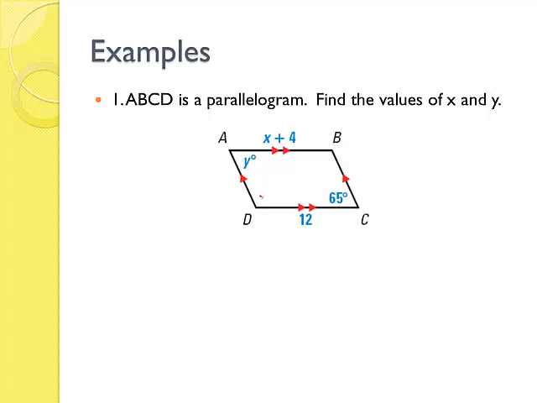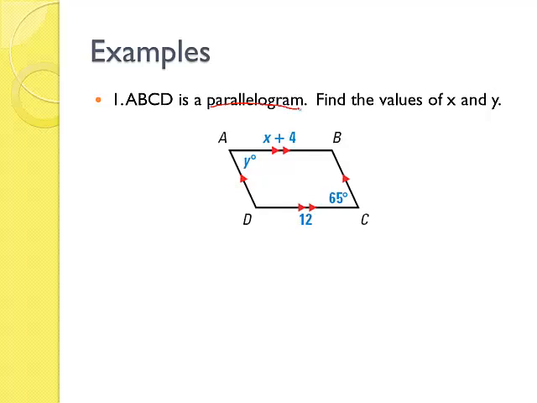With the established theorems, here are a few examples. If we know that ABCD is a parallelogram, that means all three properties hold true: both pairs of opposite sides are parallel, both pairs of opposite sides are congruent, and opposite angles are congruent as well.